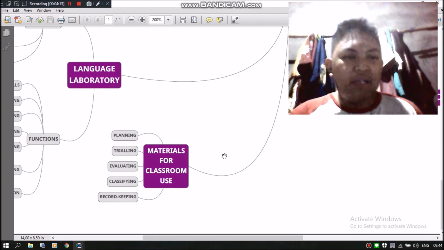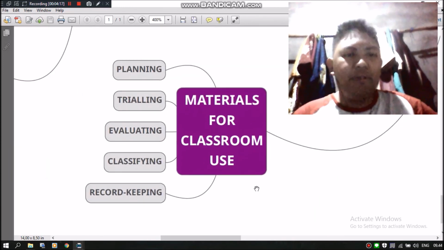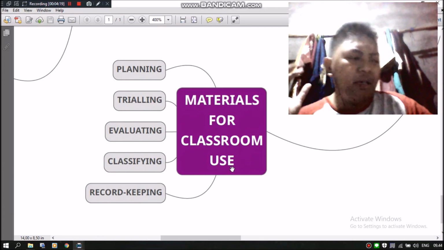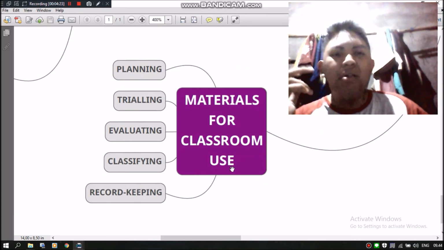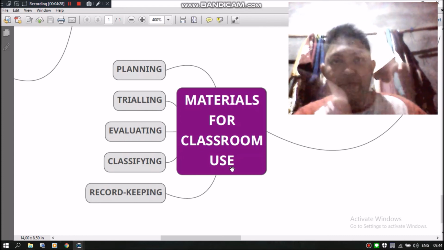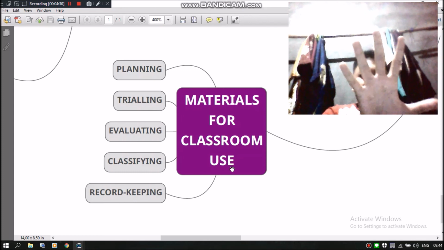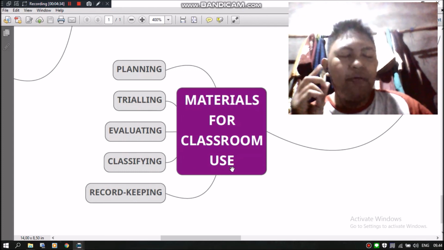And last but not least, we move on to the materials for classroom use. If you want to make homegrown materials for classroom use, there are five steps for you to understand.